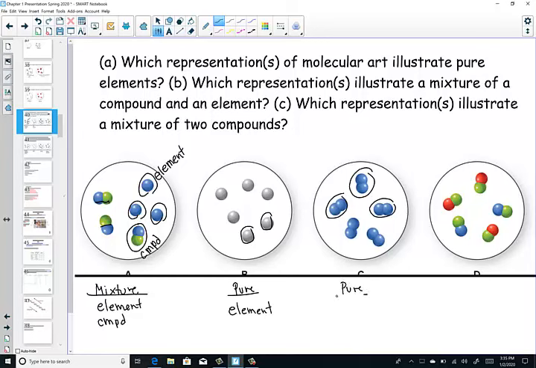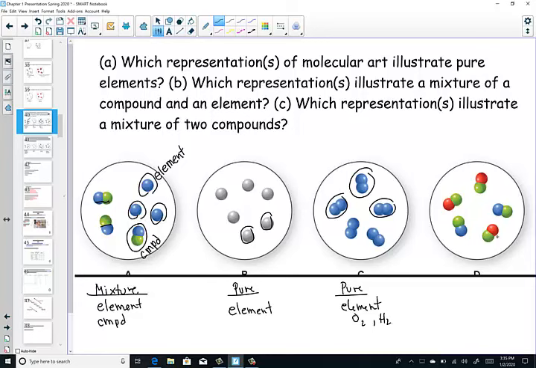It's not a blend of things, but there's only one type of atom. So this is a pure element. Some elements, such as oxygen, hydrogen, they exist in nature as diatomic molecules, but since the atoms are still the same, it's still considered an element, one kind of atom.